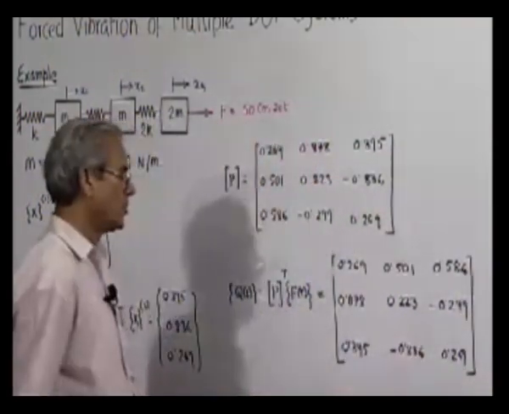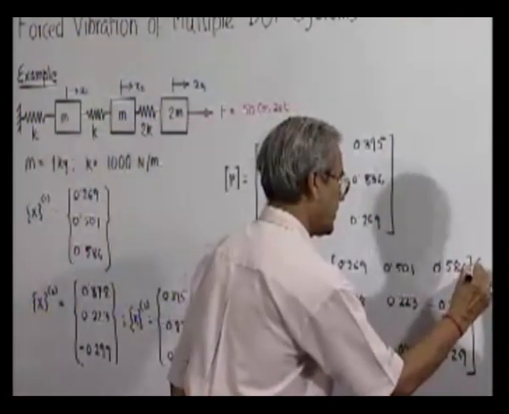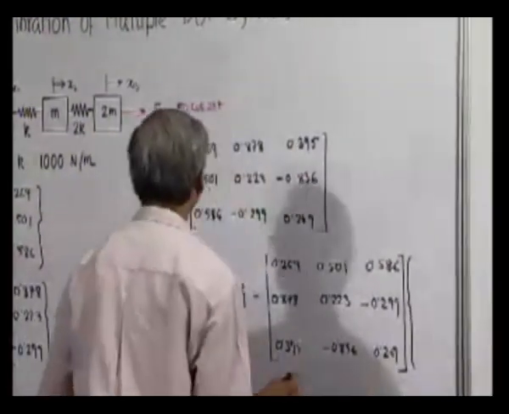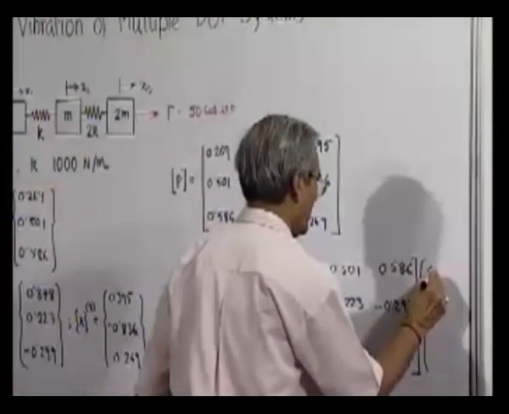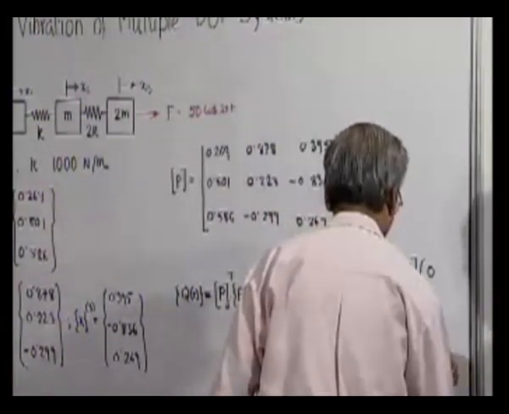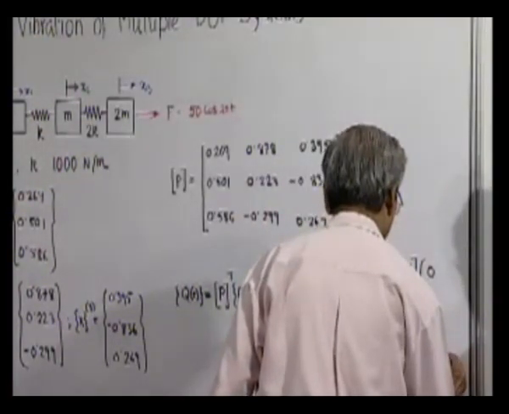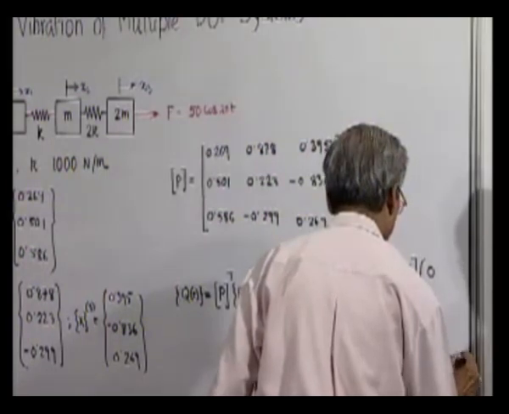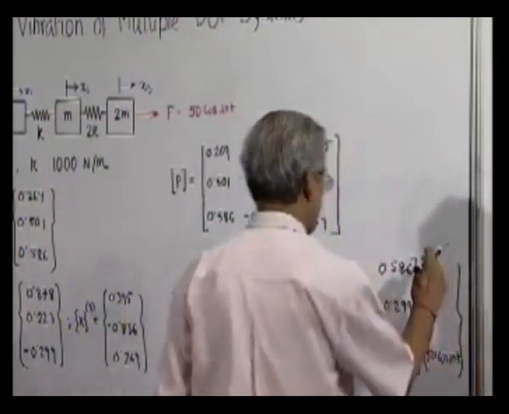That is P transpose, and FT matrix, if you remember, force acting on station 1 is 0, force acting on station 2 is 0, force acting on the station 3 is 50 cosine 20. So this is FT matrix.